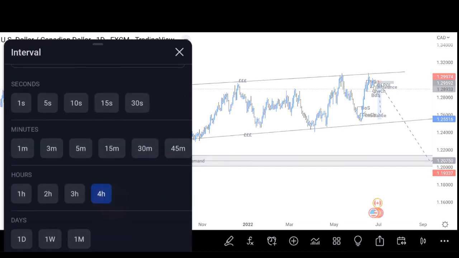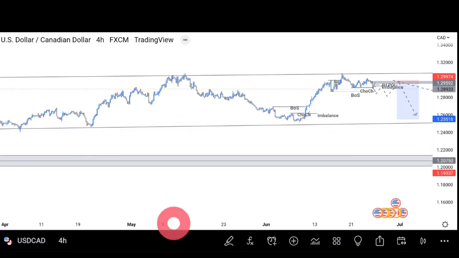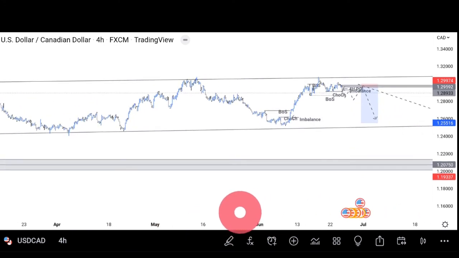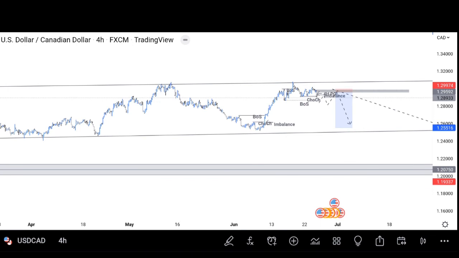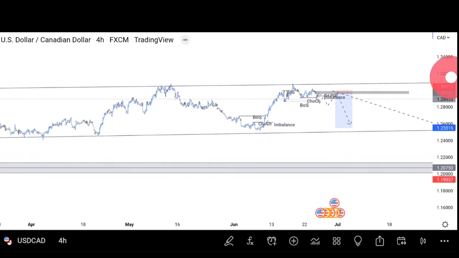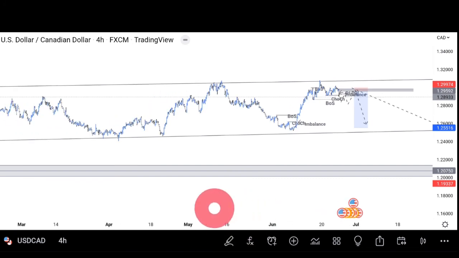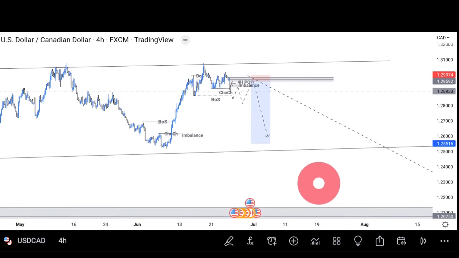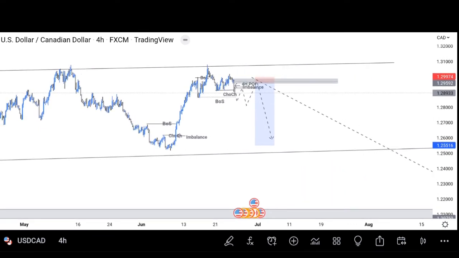But at the 4-hour chart and at the 1-hour chart, I'll be looking for short-term sells, because at the 4-hour chart and at the 1-hour chart, the price is in the range zone. The market is inside the range zone, or rather the market is ranging.